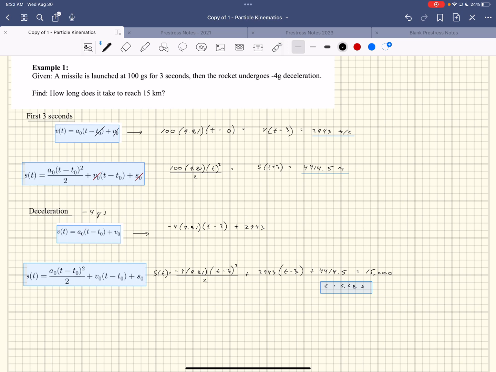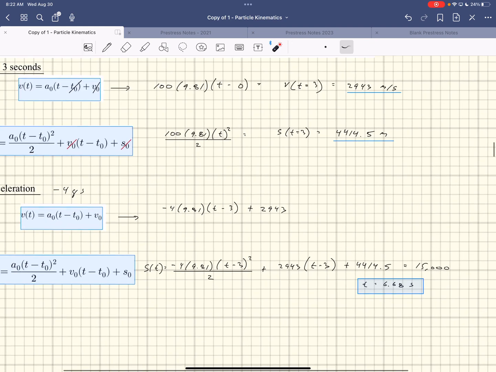Yes, sir? Yeah, absolutely. That's a great question. We didn't use that equation, and we didn't need it. So if you see that before and want to go right to here, yeah, we didn't need that velocity, so go right to there.